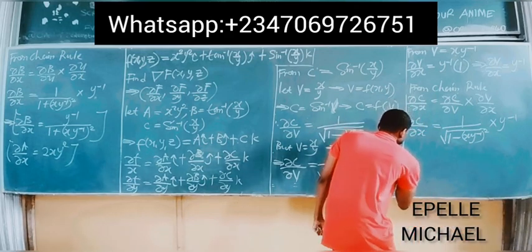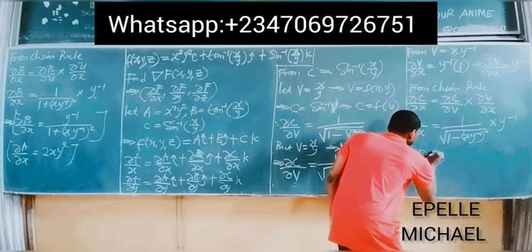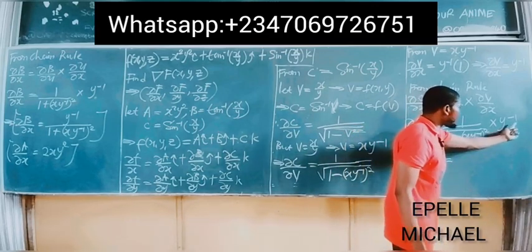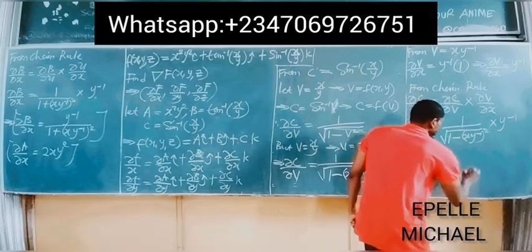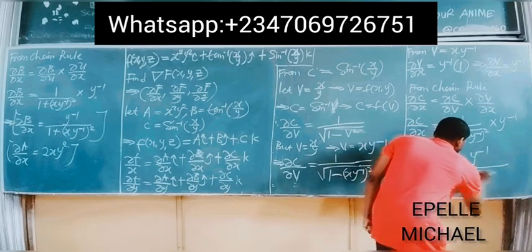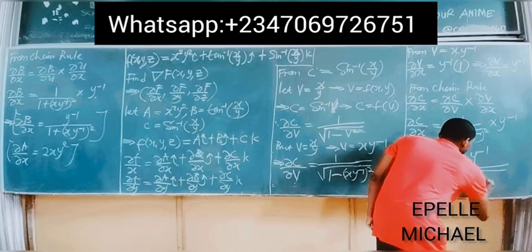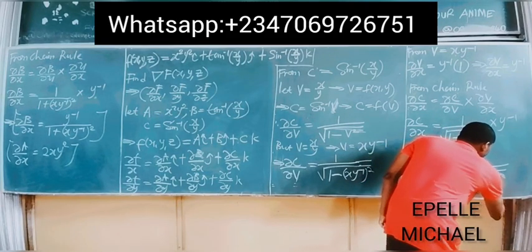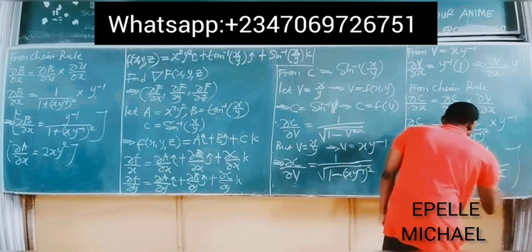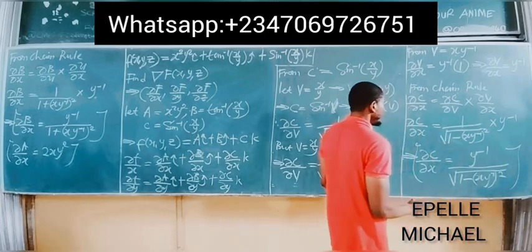Okay, so this now implies that the partial derivative of c with respect to x is simply equal to, of course, y to the power of minus 1 multiplies 1. I will simply have y to the power of minus 1 all over square root of 1 minus x y to the power of minus 1 all squared. So this becomes the partial derivative of c with respect to x.